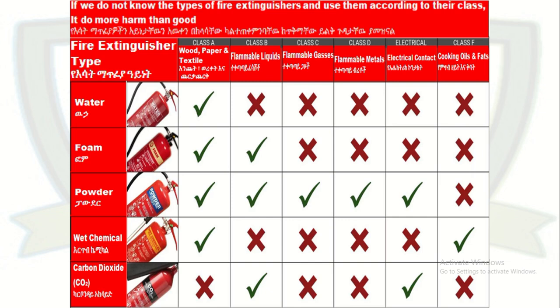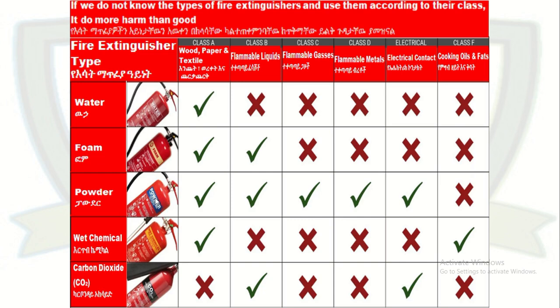If a fire starts on these materials, this powder is very important for eliminating it. It is also used for flammable liquid, flammable gases, flammable metals, and electrical contacts. If the fire starts on a transformer or substation, this is very important.